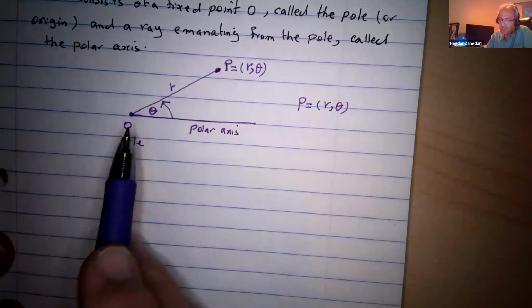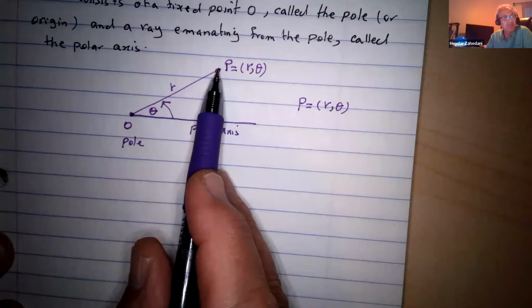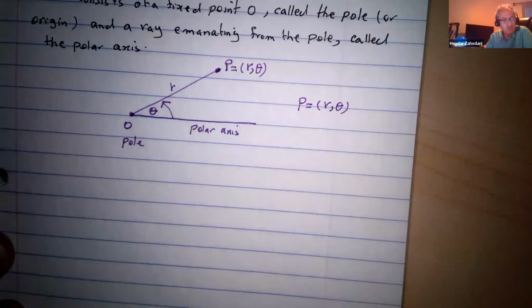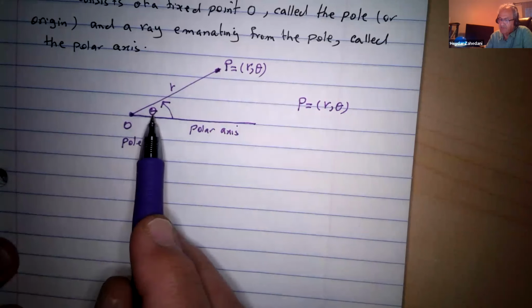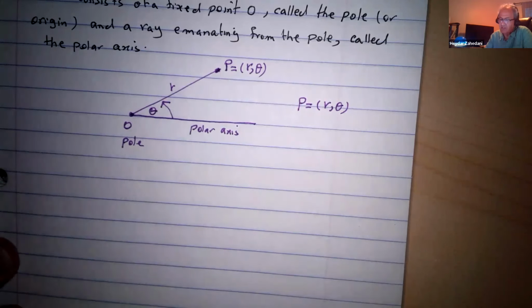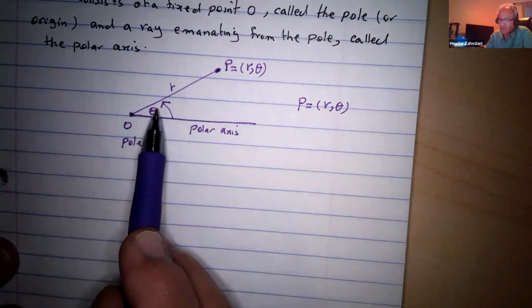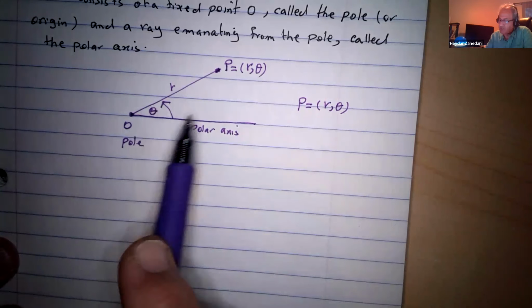You can imagine that the origin would be the center of a circle with the radius R, and this point is going to be on that circle. The trigonometric direction, counterclockwise, would be considered the positive direction for theta, or you can have a negative direction.